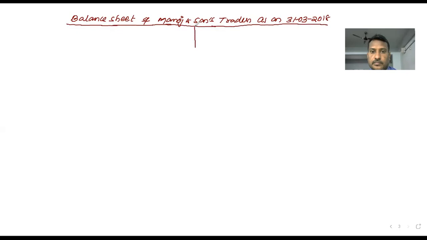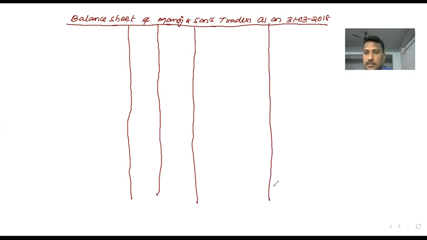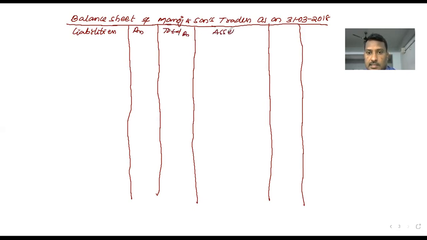Liabilities, rupees, total rupees, assets, rupees, total rupees. Okay, this is a statement, not an account. That's why we should not mention any debit and credits on this statement.